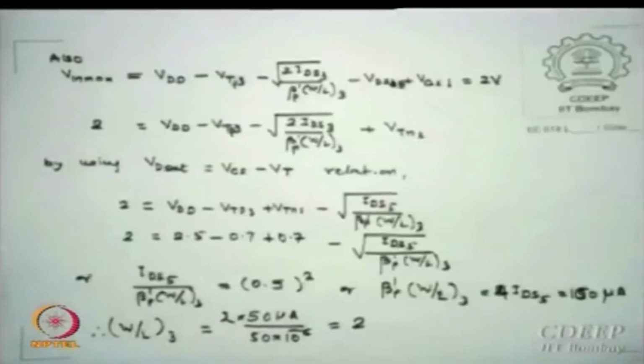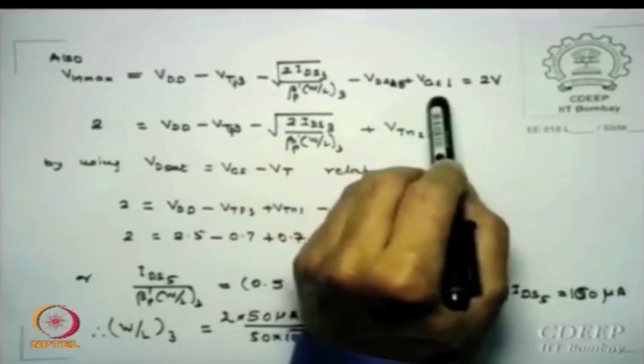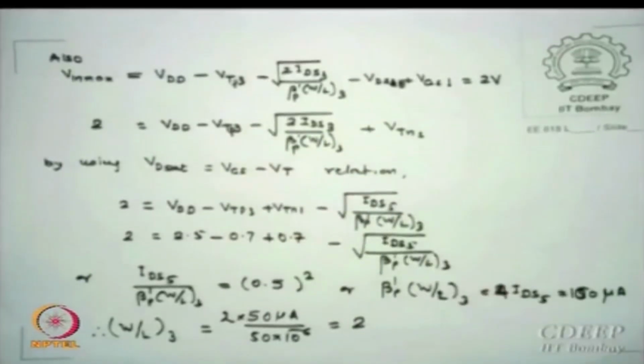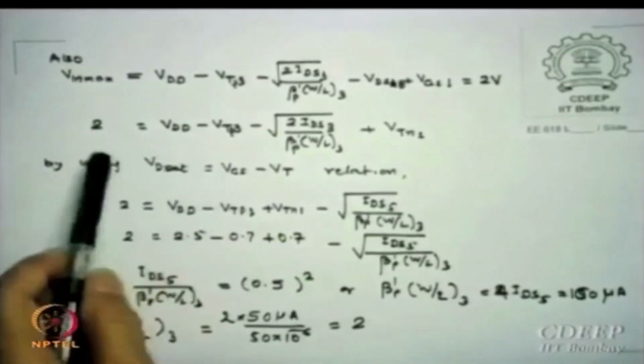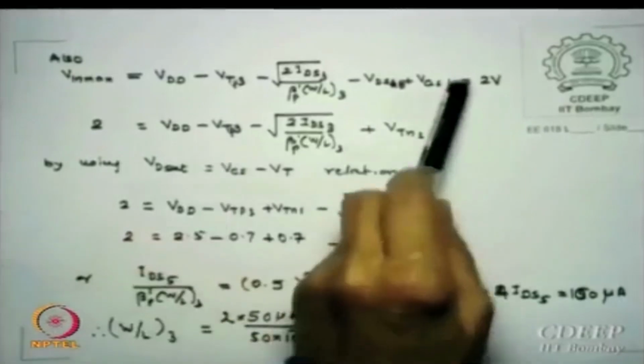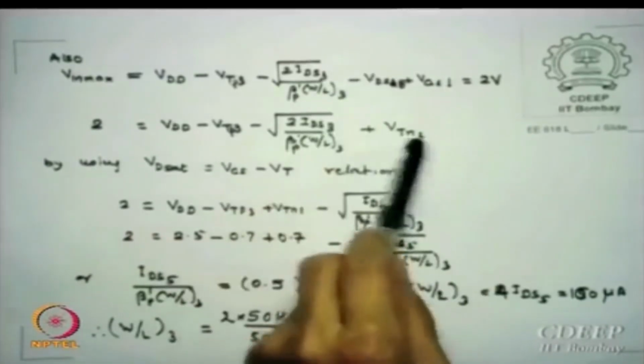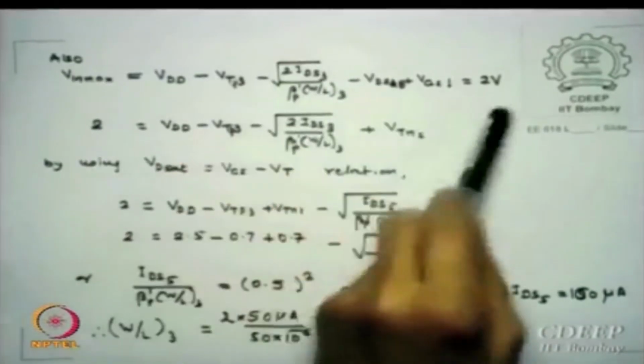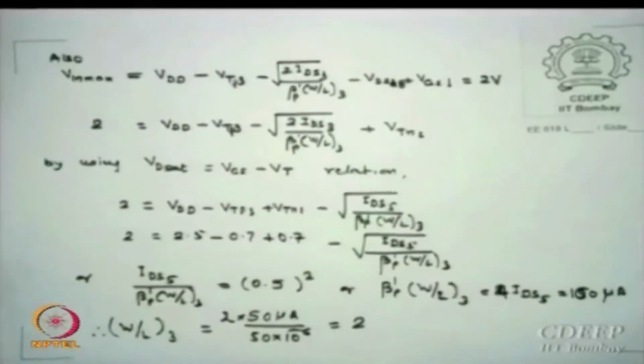Is that clear? So VDS sat 1 plus VGS1 is given to be 2 volts. Okay. So if I write 2 is equal to VDD minus VTP3, and this is an n channel device, so please write VTN1. And what is VGS1 minus VT?